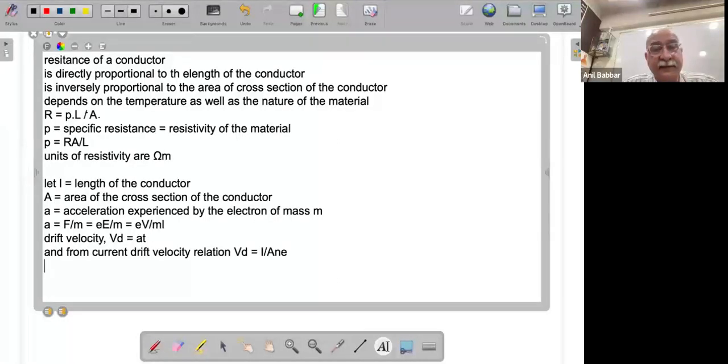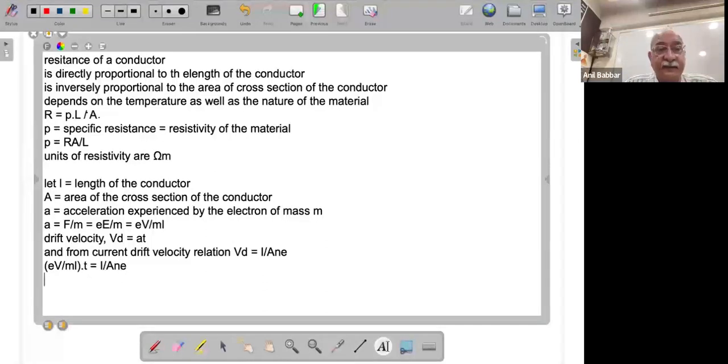So we get eV by mL into tau equals I upon A n e.